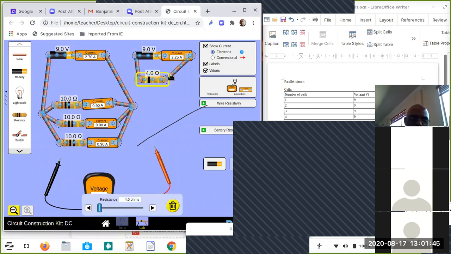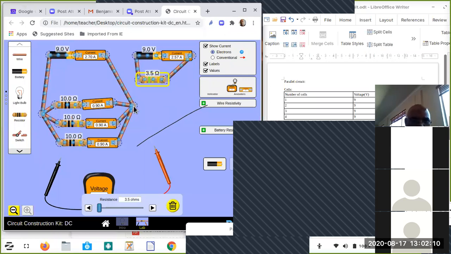For 4 the current is 2.27, which means it is lower than that, right? Then 2.57 is 3.5, right? I think you can see that if we connect the 3 resistors in a parallel connection, the total resistance for the circuit will be lower than 5, right?